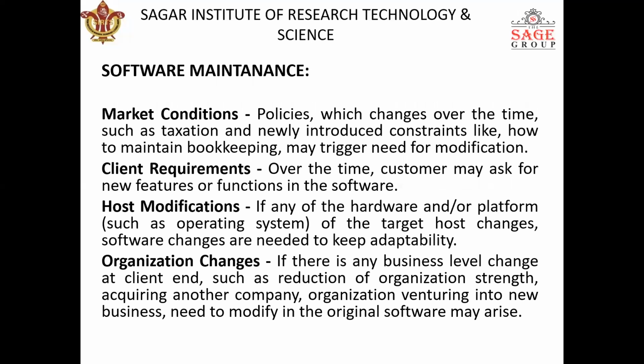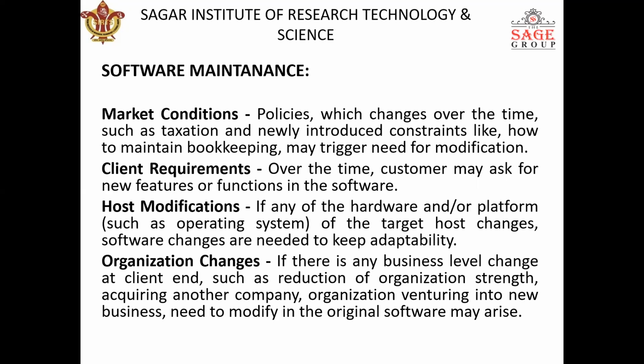So there are some parameters on the basis of which software maintenance takes place. That is market condition, second one client requirement, third one post modifications, and fourth organizational changes.